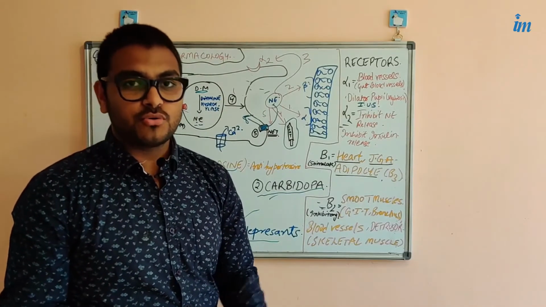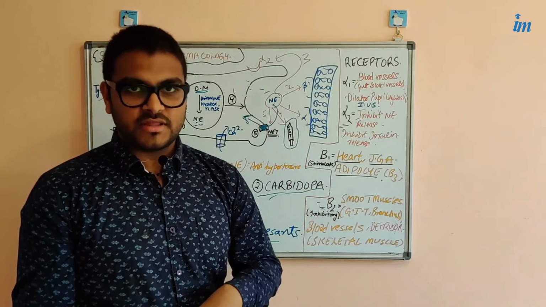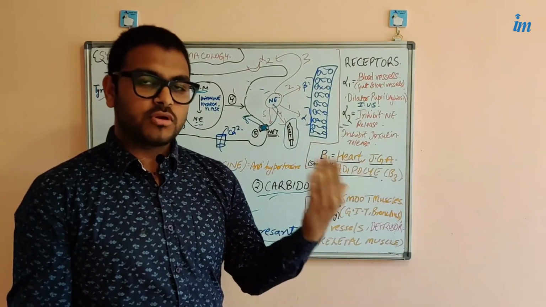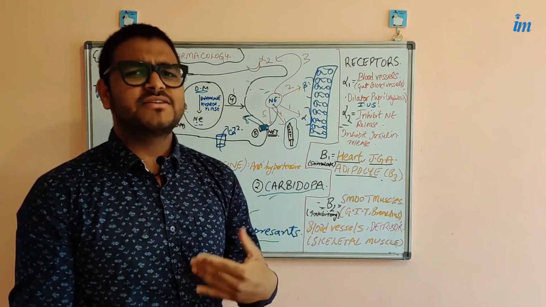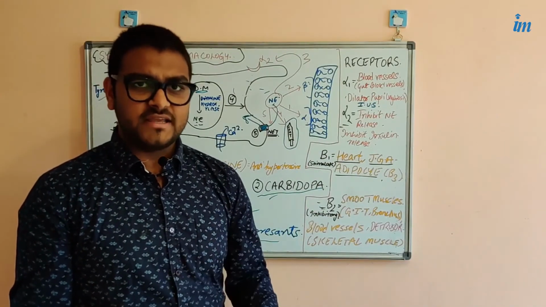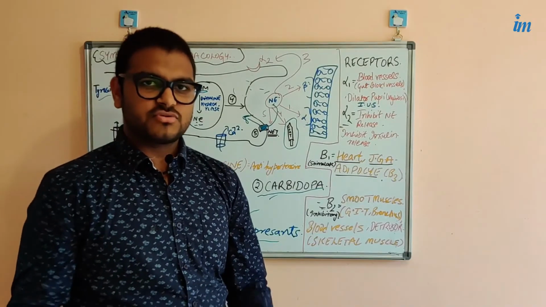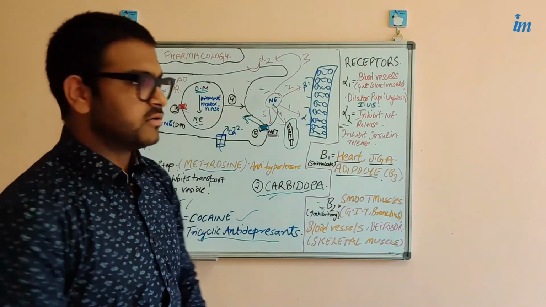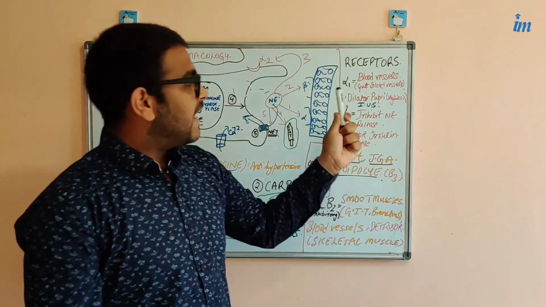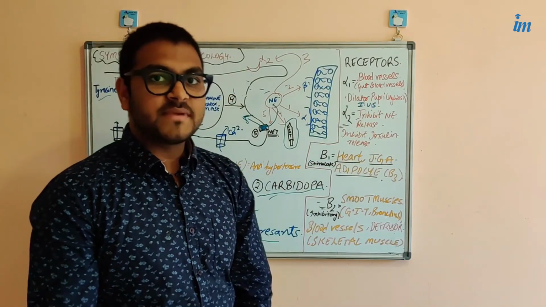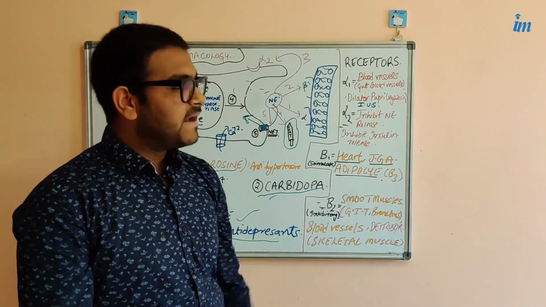So you want to limit the blood going there. You constrict the vessels so that very little blood goes to your GIT, and that blood is diverted to your brain or skeletal muscles so that you can run away from the dog that is behind you. So alpha 1 is a stimulatory receptor present in the blood vessels, mainly in your GIT.